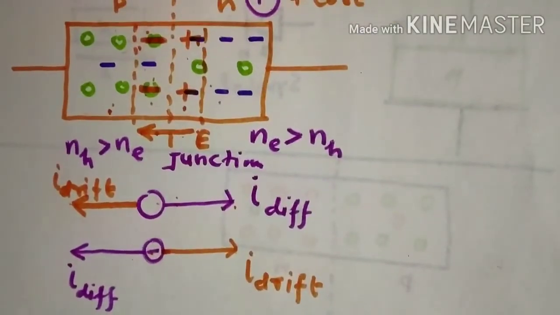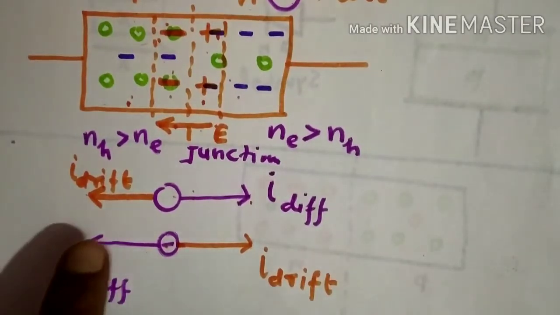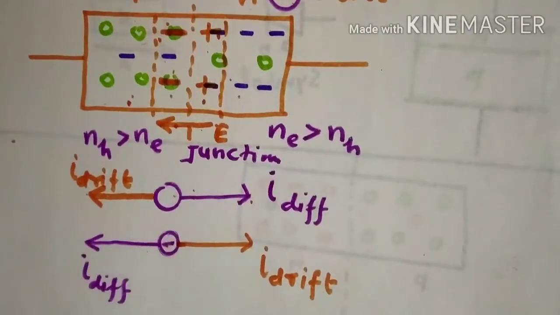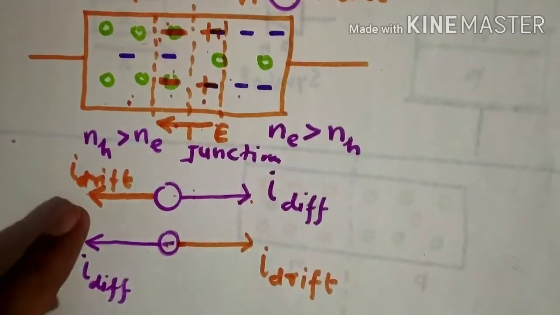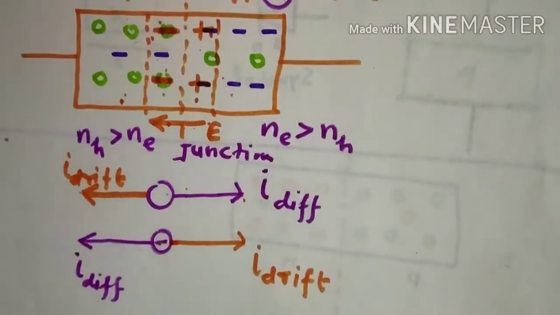So what we see here is that as time passes, the drift current will become equal to the diffusion current. Means at equilibrium, the drift current and diffusion current both become equal. We will say that now the diode is in equilibrium.